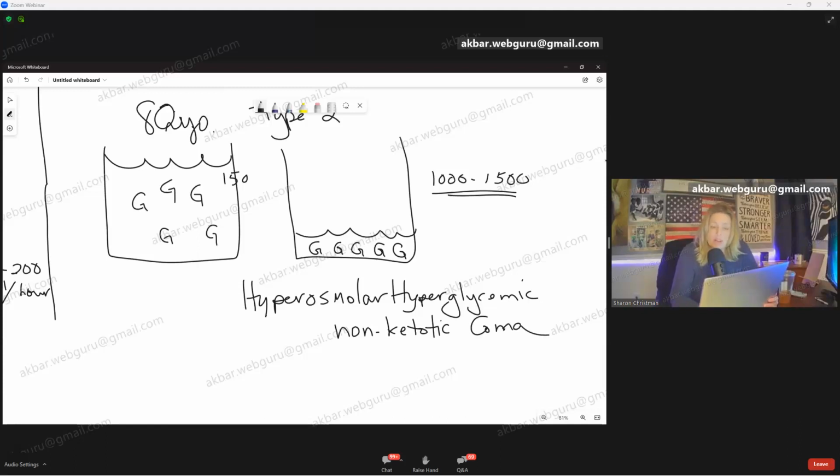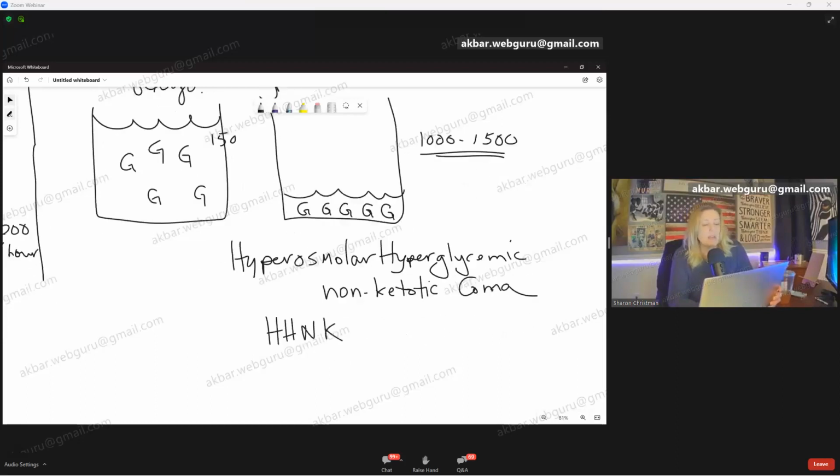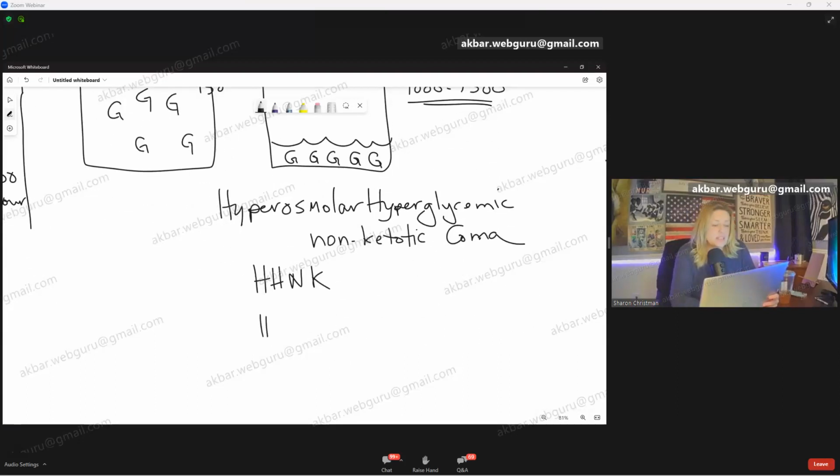So do you know what we call this? We call this HHNK. Sometimes we call it HHS, hyperosmolar hyperglycemic syndrome. Sometimes they leave off the non-ketotic, but this is where they end up.